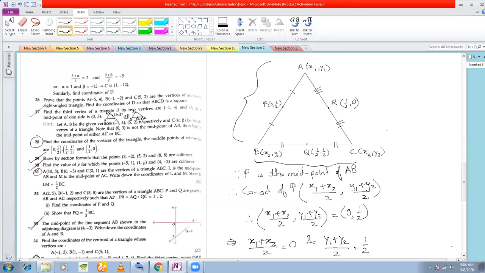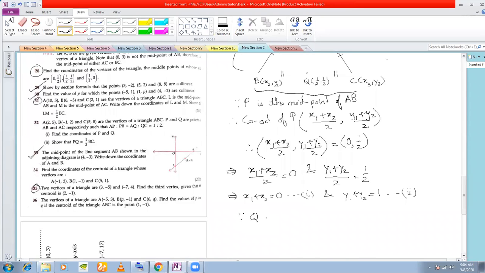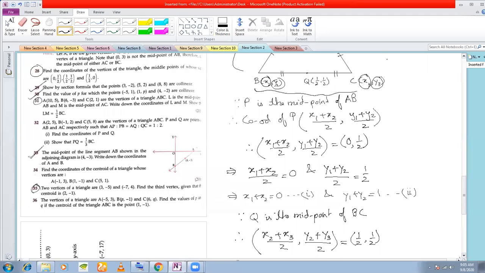So what I'll do is I'll write, since Q is the midpoint of BC, therefore this time what should be the coordinates of Q? (x2 plus x3)/2, (y2 plus y3)/2 is equal to, what are the coordinates of Q given? (1/2, 1/2). Okay.